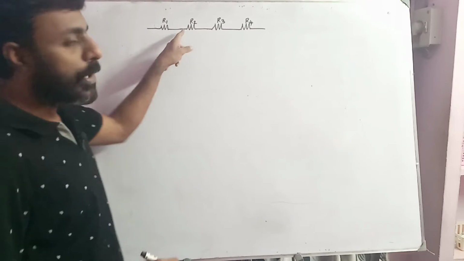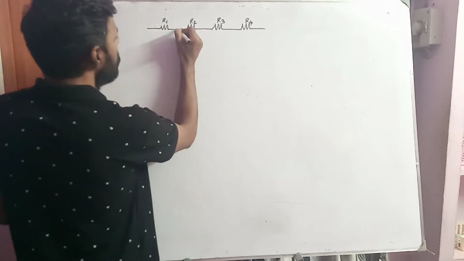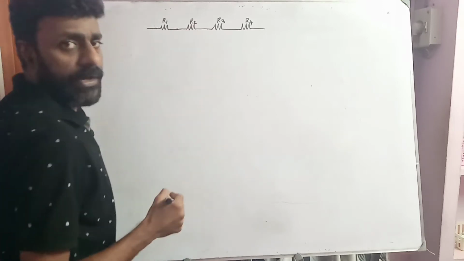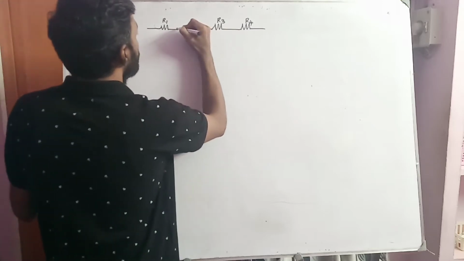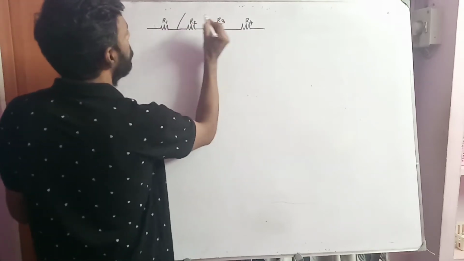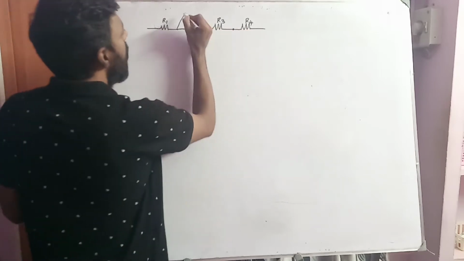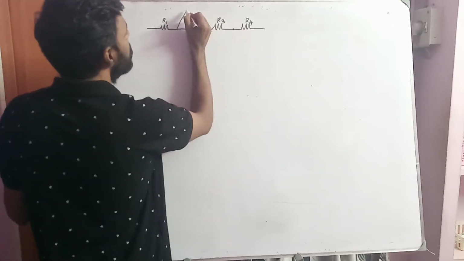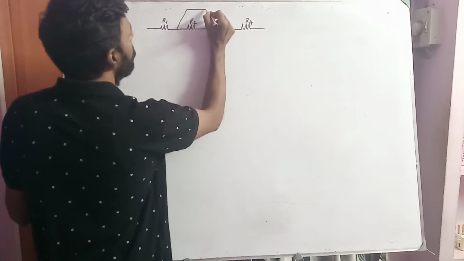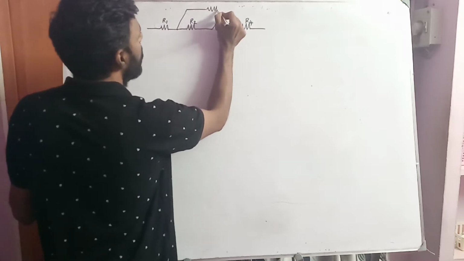Now what I'm going to do is here I'm considering a point and I am connecting a resistor, and I'm considering another junction point here such that these two junction points hold a resistor. This is another resistor.